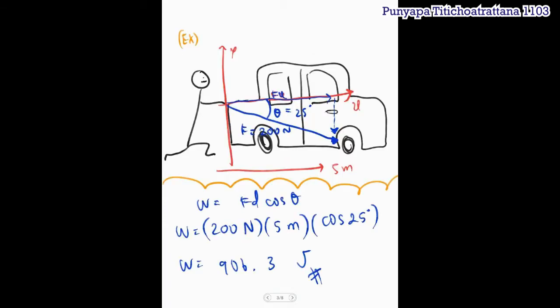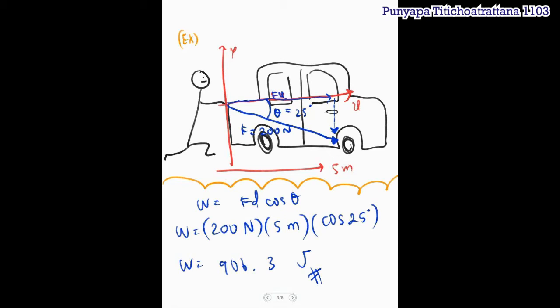Here's an example. It is a picture of a person pushing a car at an angle of 25 degrees. We can draw the graph like this, and this is the y-axis, there's an x-axis, and there's a force exerted on it.